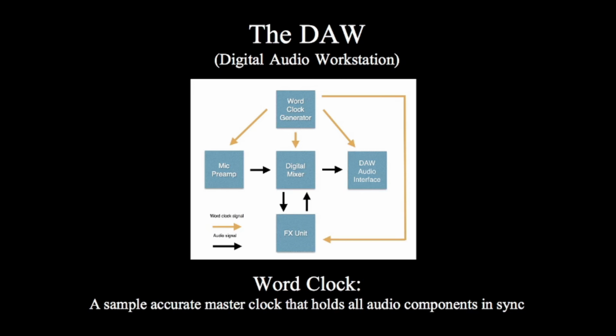Then you start up your digital audio workstation at 96,000 samples per second. You will actually hear this weird clicking sound. The reason for that is that your mixer is expecting a different speed of word clock than what is being sent out from your computer.